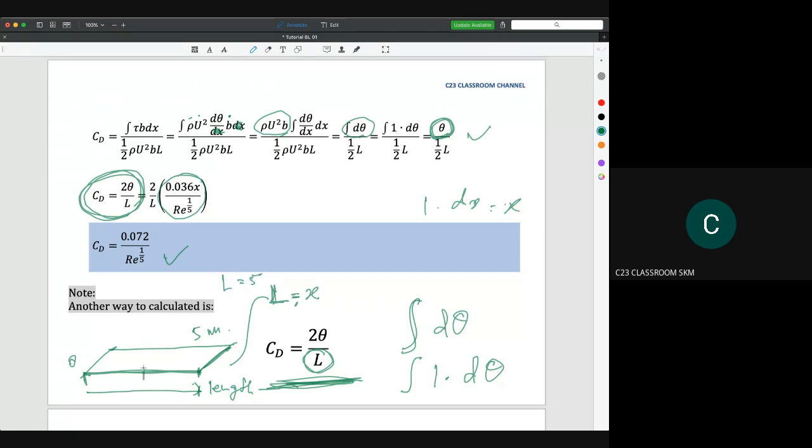But if you are talking about a point in the middle or somewhere else, they will write X equal to 1 meter. It's just the way they express the terminology in a boundary layer. I hope you can understand that L shows the length, and X also shows the length of the flat plate.